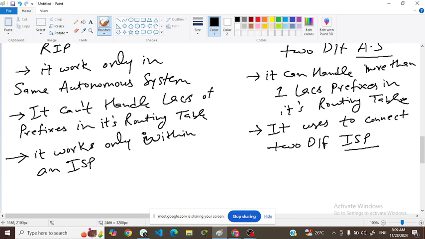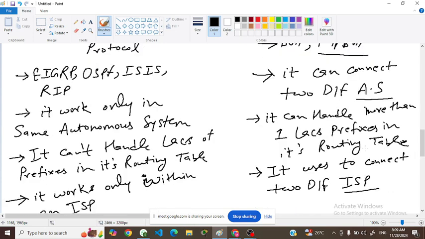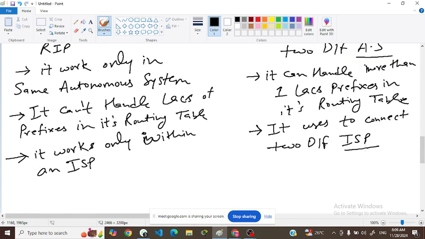Is it clear, guys? So what is an interior gateway protocol? An interior gateway protocol works only in the same autonomous system, and an exterior gateway protocol is used to connect two different autonomous systems with each other. An interior gateway protocol cannot handle lakhs of prefixes in its routing table, but an exterior gateway protocol can handle more than 10 lakhs of prefixes in its routing table.